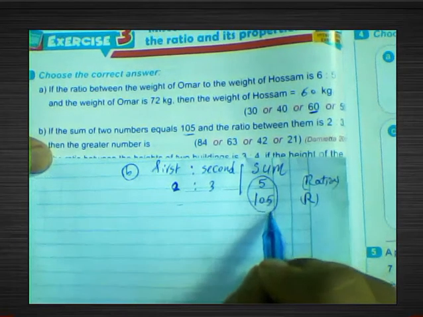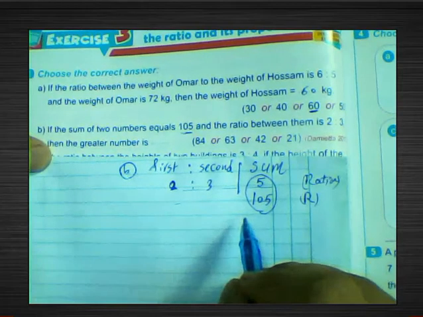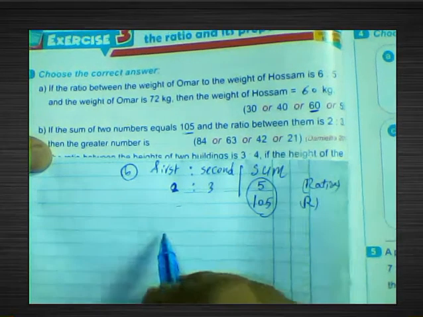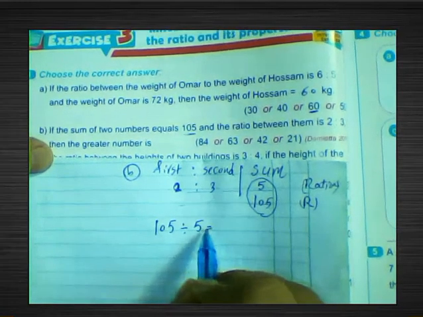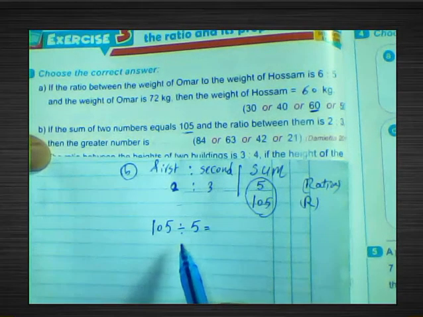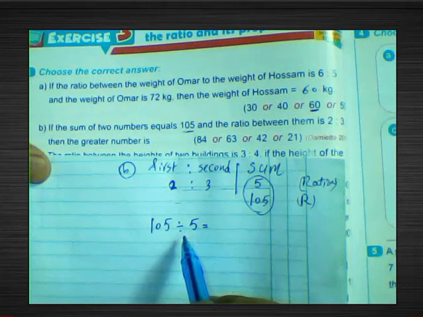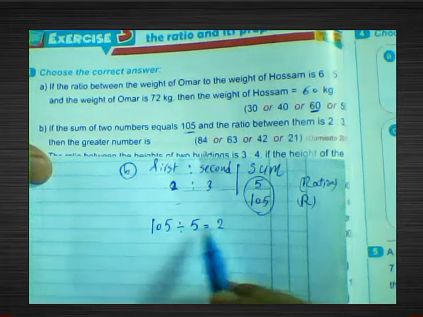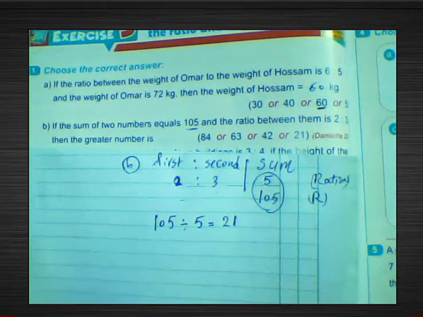We will find 105 divided by 5. 10 divided by 5 equals 2, 5 divided by 5 equals 1. So the result will be 21.